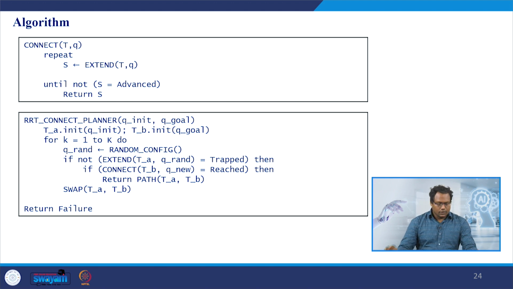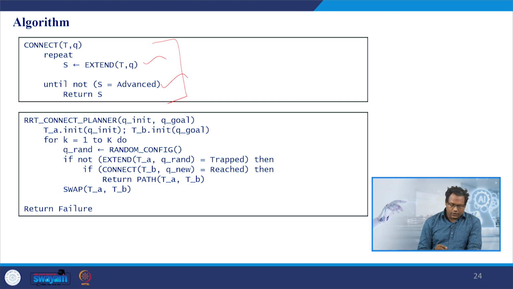In the same way, we can have the connect subroutine, which has an extension and an advance part. The extension function will make the tree extend towards the random node.